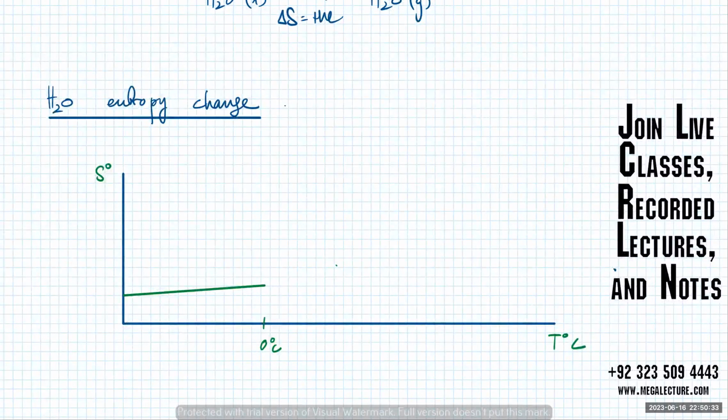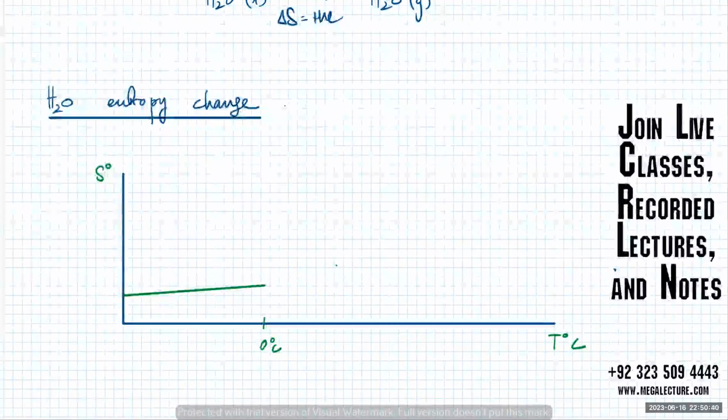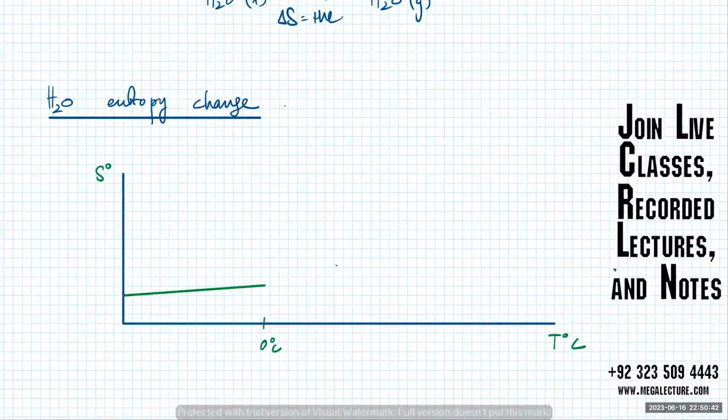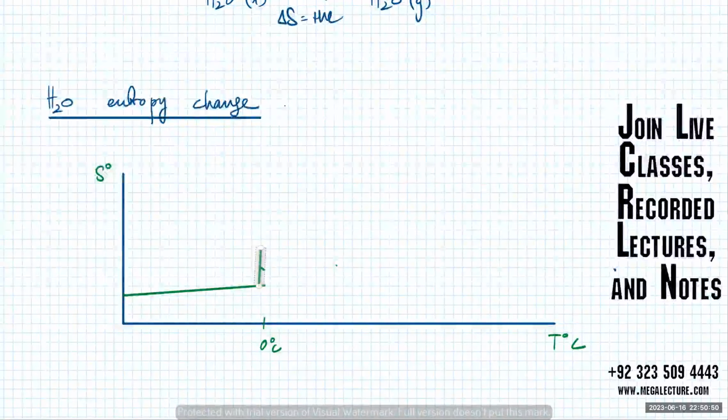Yep. What happens at zero then? Is there a change in disorder at zero? At zero, what's going to happen?